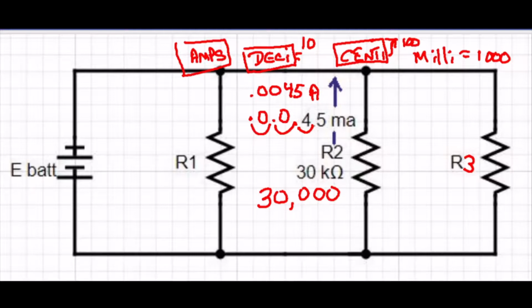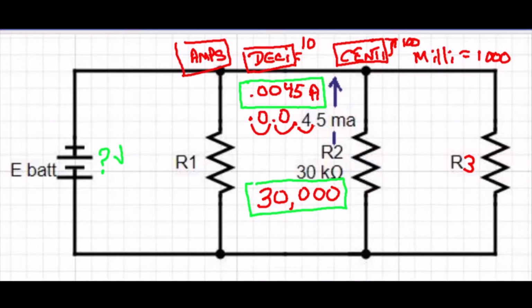So here are the two figures we're going to need to solve our puzzle. We have the 30,000 ohms, and we have the 0.0045 amps. And what we want to figure out is, what is the voltage?